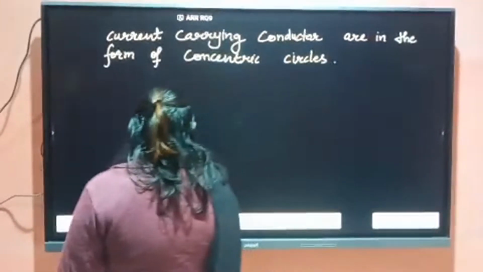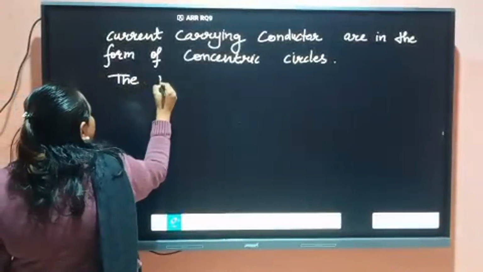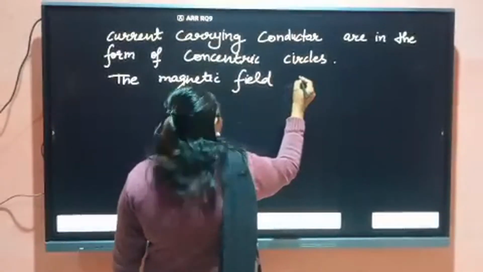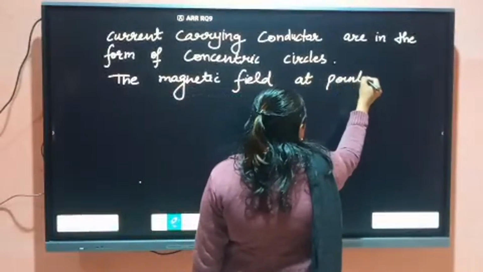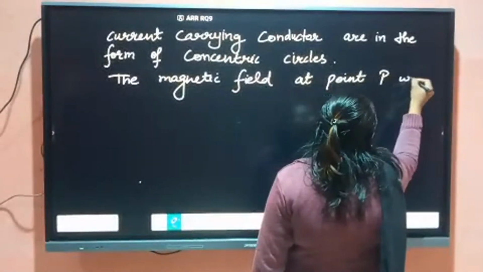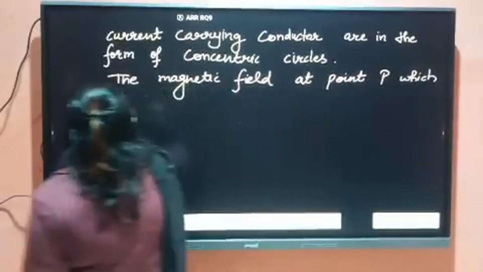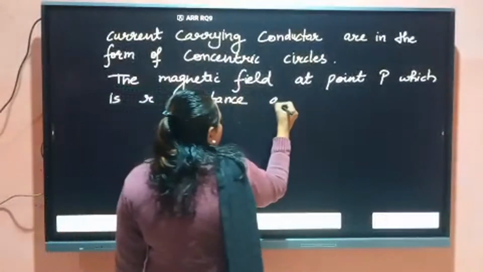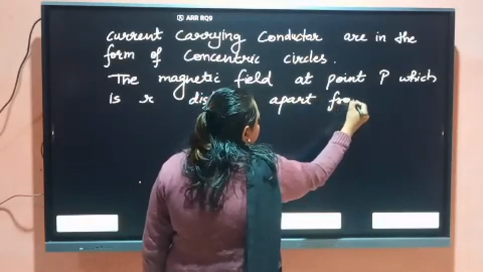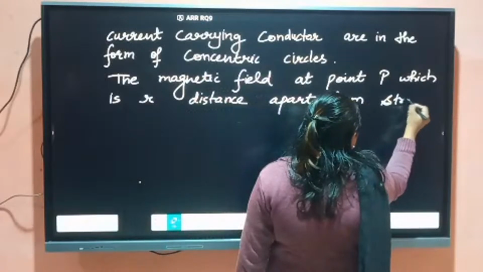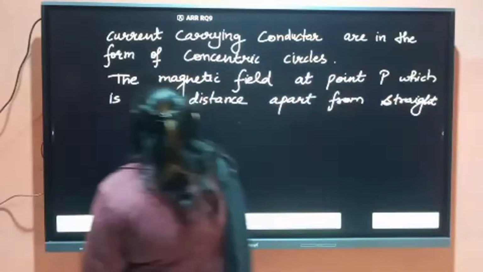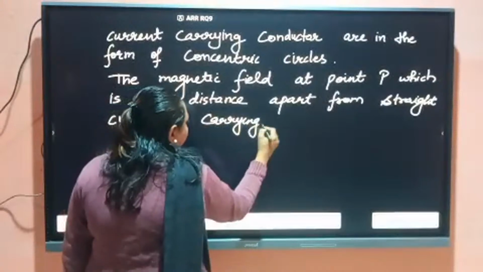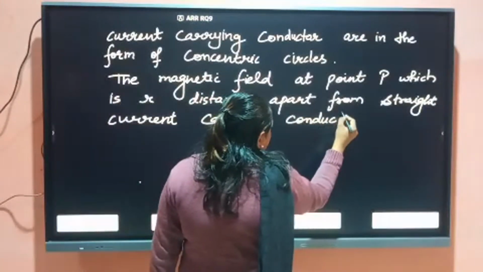So the magnetic field at point P, which is R distance apart from the straight current carrying conductor.